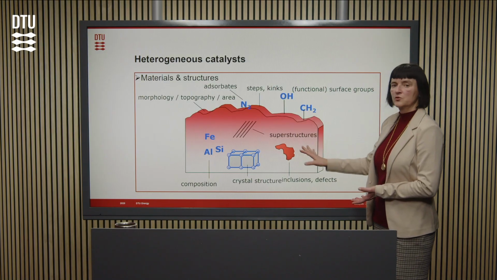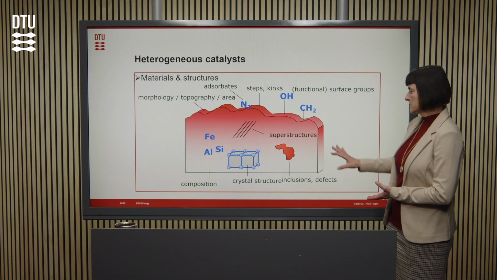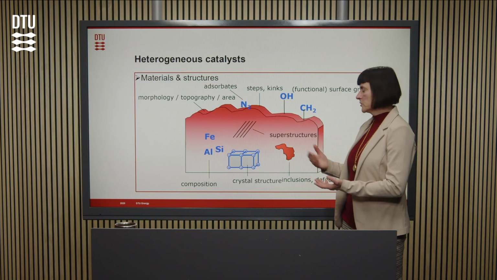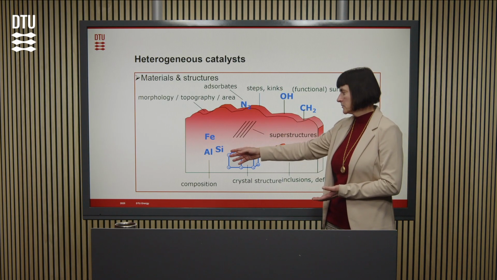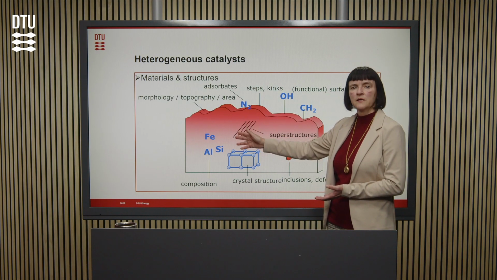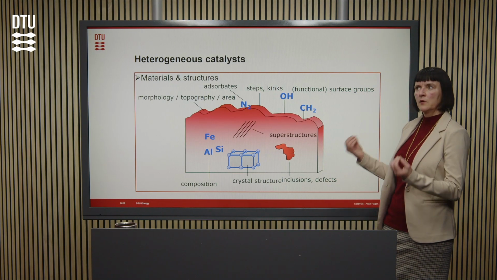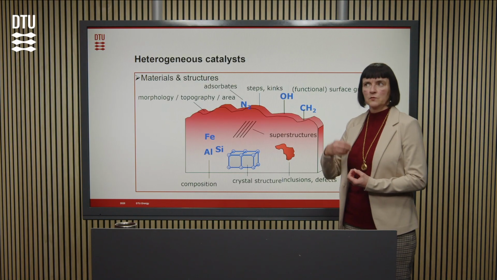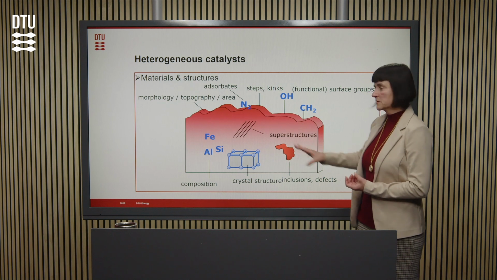And here is an illustration of these parameters you can tune. At first, you have to choose the bulk material that could consist of different elements or oxides, like iron oxide or aluminum oxide, silicon oxide. That gives you the bulk structure and gives you the general electronic properties that gives you a certain nature of interaction between your reactant and the catalyst.